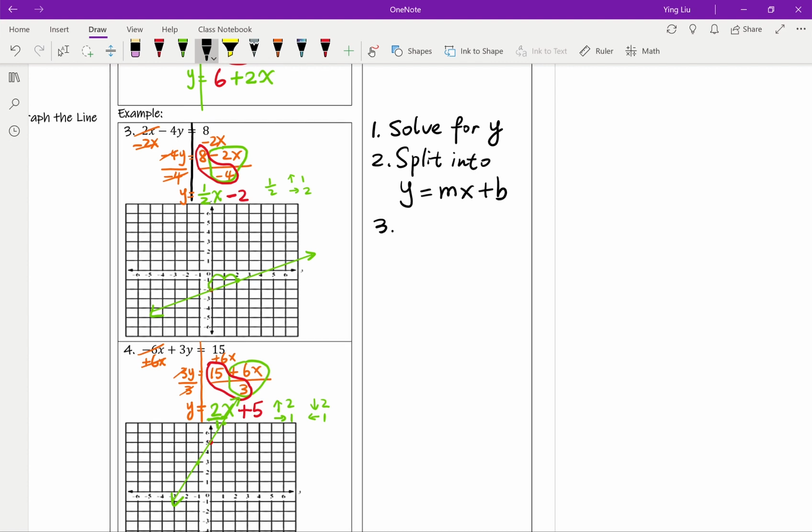And then you would find the y-intercept. So I'm going to put plot y-intercept. And then lastly, you're going to do rise over run. And then connect the points.